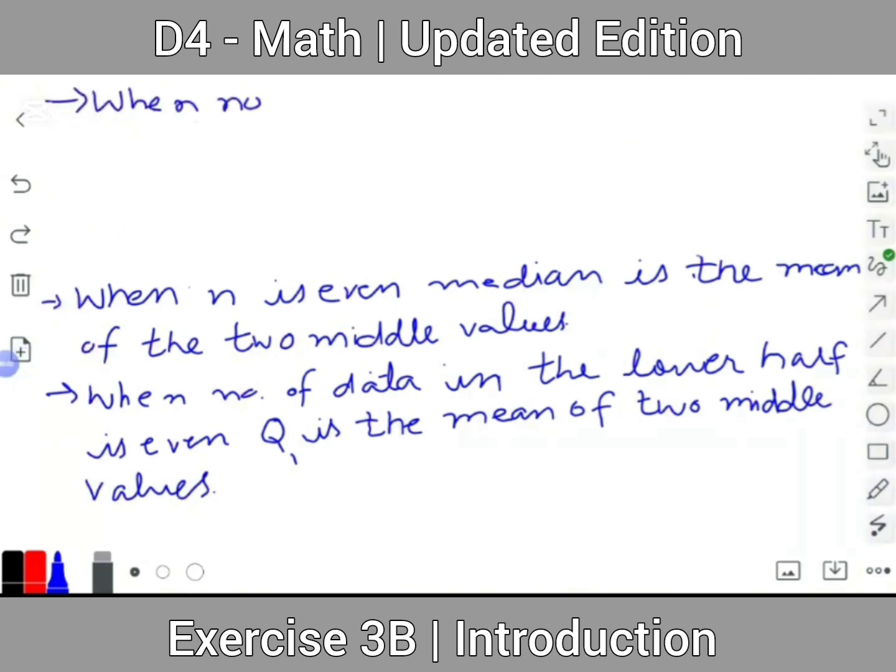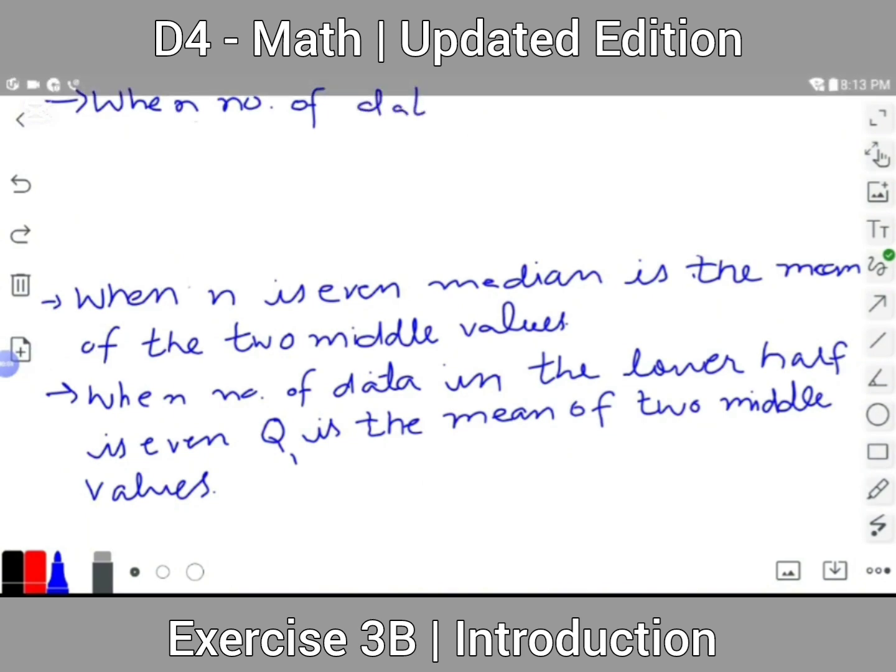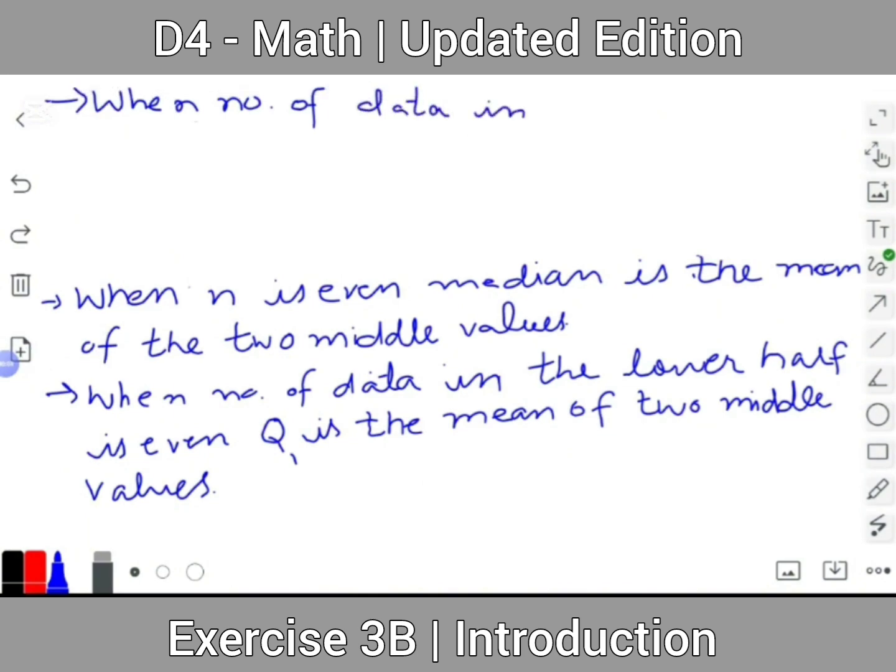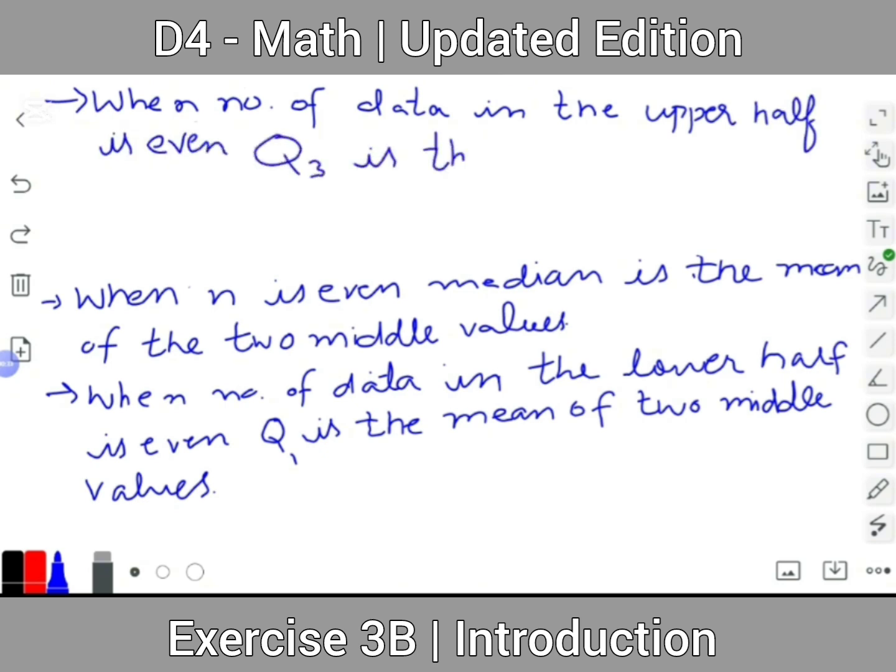When the number of data in the upper half is even, Q3 is the mean of the two middle values.